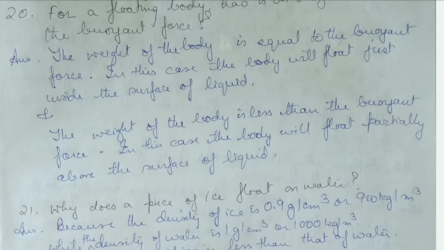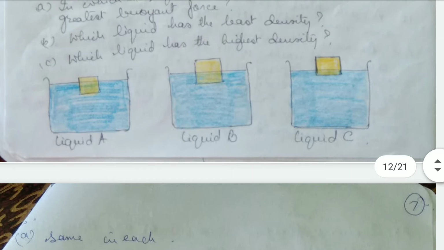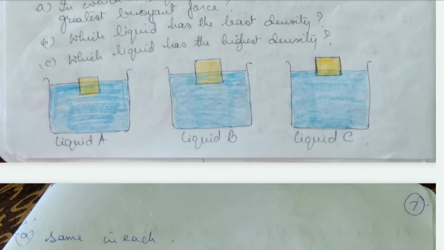In question number 19, in all three cases the body is floating with some part still inside the liquid. That's why the buoyant force in the three cases will be equal.